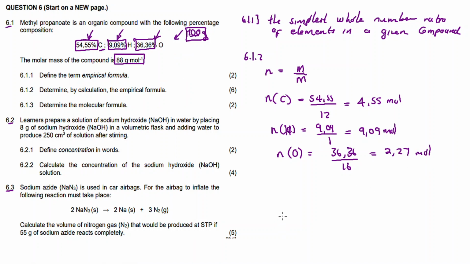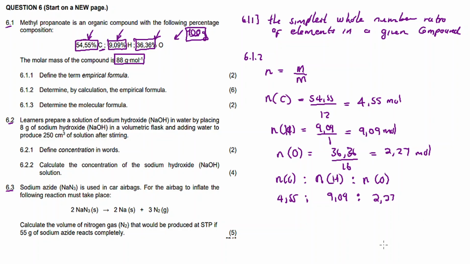Since the empirical formula is the simplest whole number ratio of elements in a given compound, we compare the number of moles for carbon, hydrogen and oxygen: 4.55, 9.09 and 2.27. What do we do next? We calculate the ratio between these 3 elements.